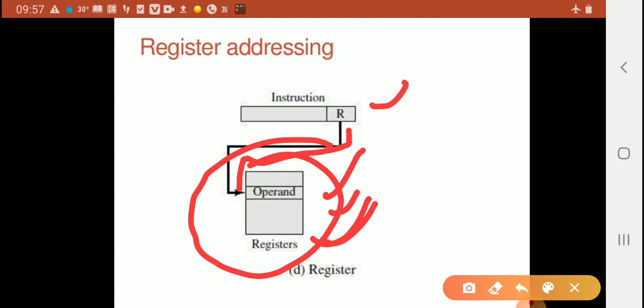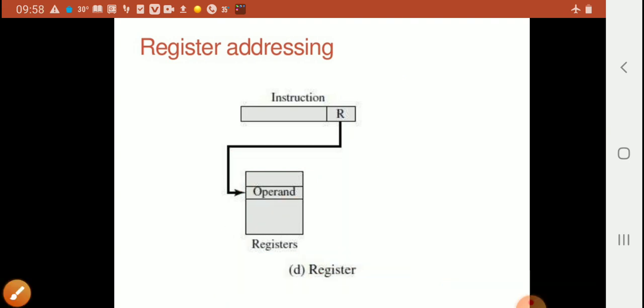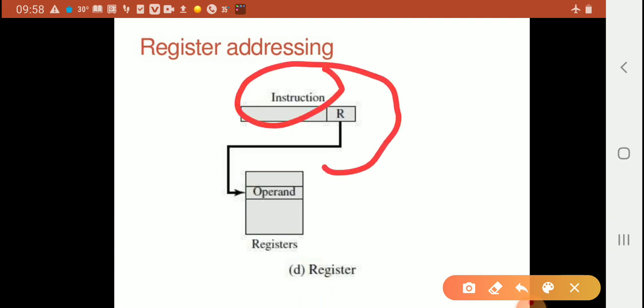It is not necessary to access memory locations for the operand; the data is stored in the register. So in register addressing mode, the source and operand are specified for faster execution of the instruction set.